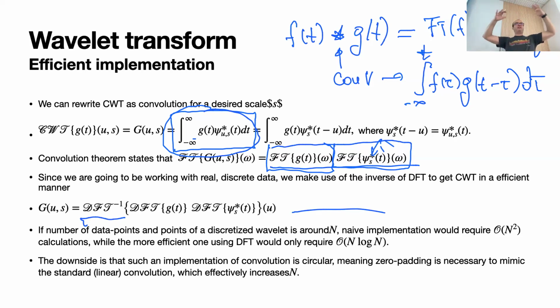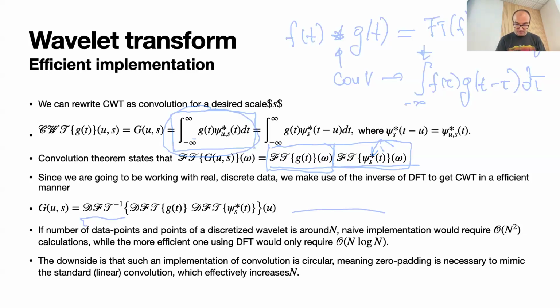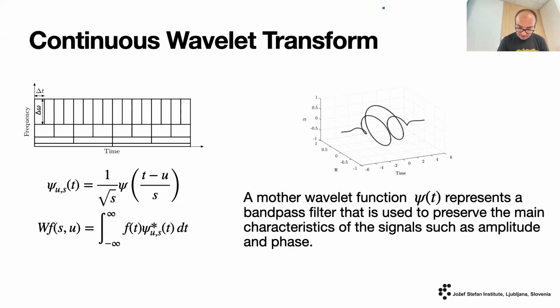All the talking that I was doing this morning until now, this 10 minutes or so, boils down to this. All we have to do is take a Fourier transform of our signal. We know the Fourier transform of our wavelet, multiply them. So just to get an idea, what are we going to do? We have our signal like a vector: sample 1, sample 2, and so on.